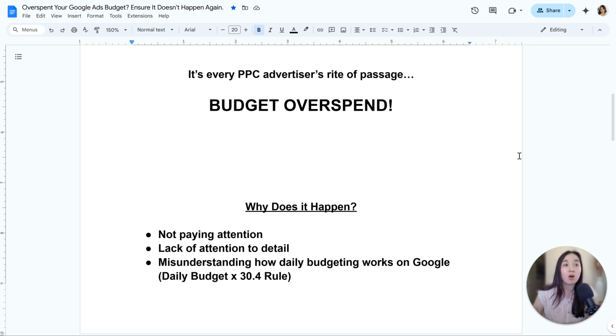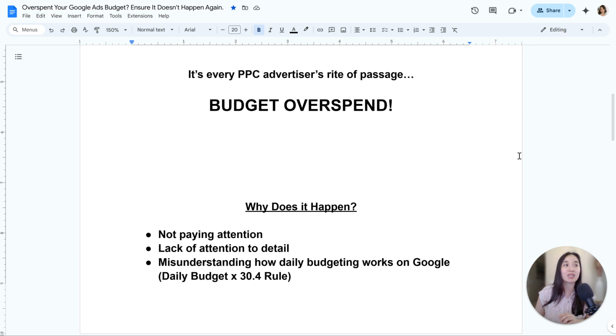So it might overspend tomorrow, but then it might underspend the next day in order to keep things in that range that you have set it to be. So if you see your account spending $100 in a day when it should be spending $50, it's because it's trying to optimize and get you more clicks or conversions depending on what your bid strategy is.